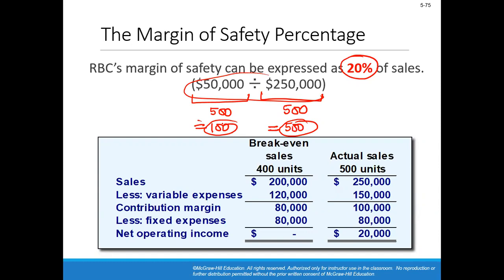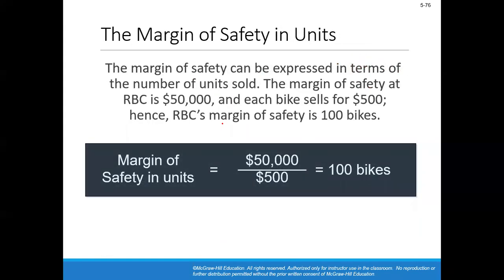So in this way we can express that the margin of safety is 100 bikes. It is the same thing. If you express the 100 bikes in terms of 500, obviously it will be 20%.